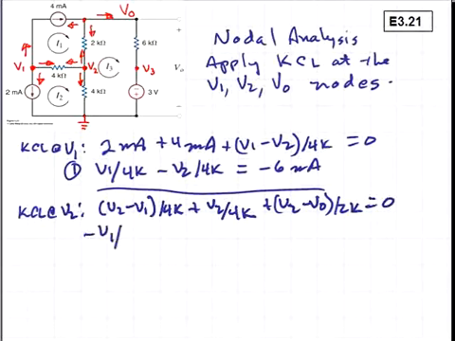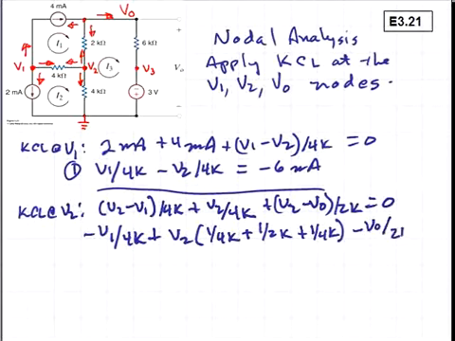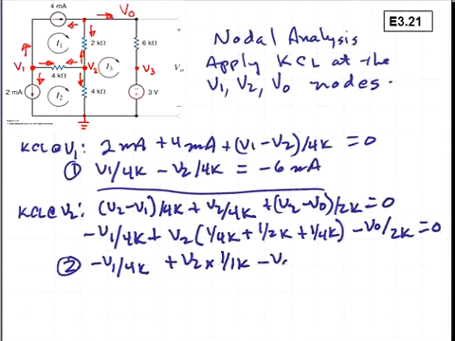And this can be simplified to, or our second node equation becomes minus V1 over 4K plus V2 times 1 over 1K minus VO divided by 2K equals 0.